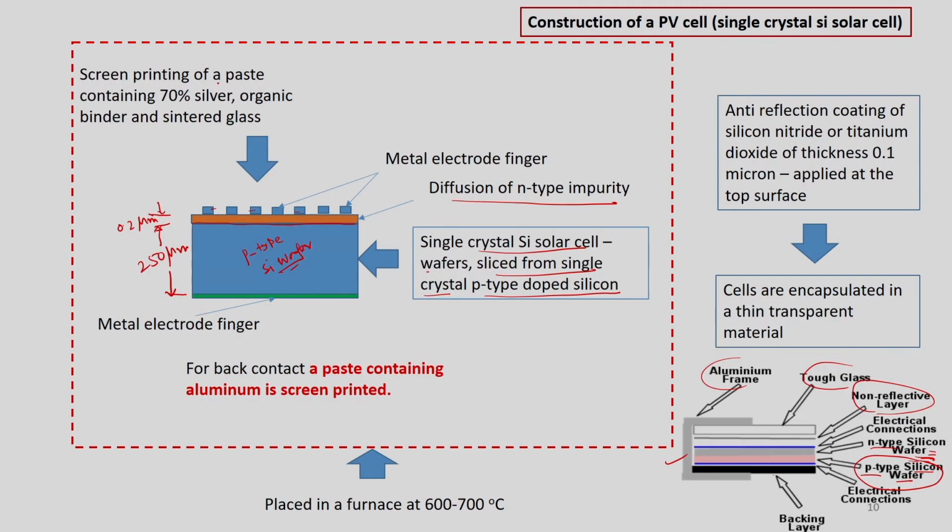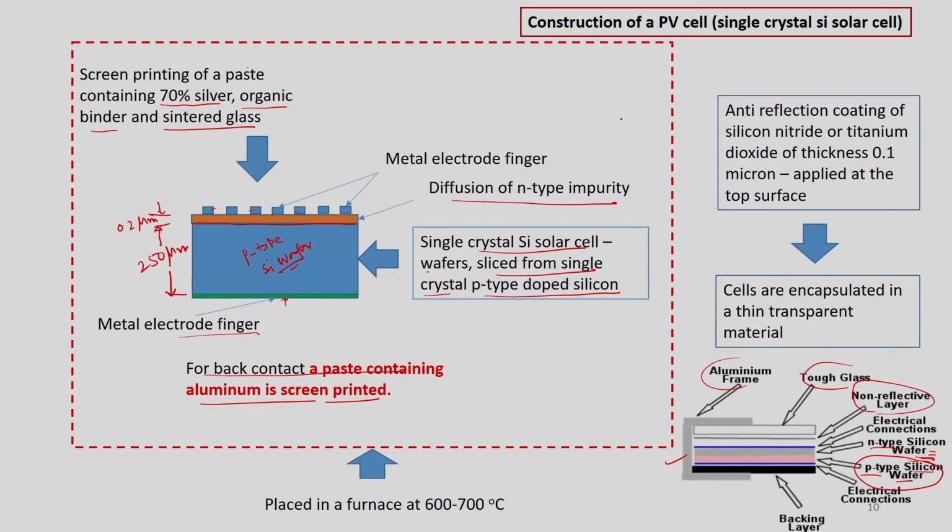We have to do some kind of screen printing of paste containing 70% silver, organic binder and sintered glass, which is laid over these metal electrode fingers on the front side, and on the back side again we will have metal electrode fingers, and we will make a paste containing aluminum. So, this paste is applied here.